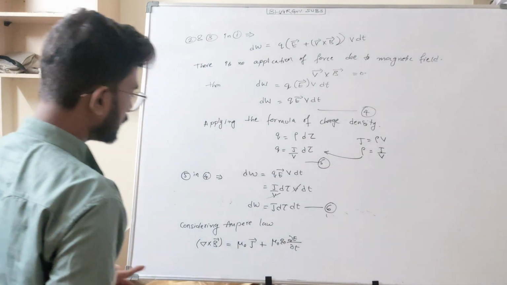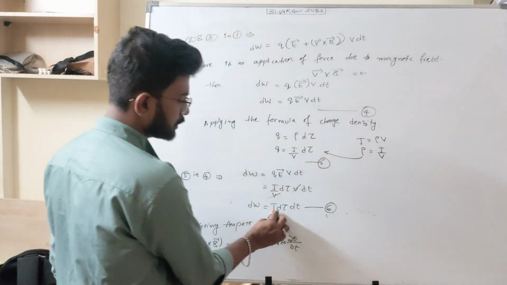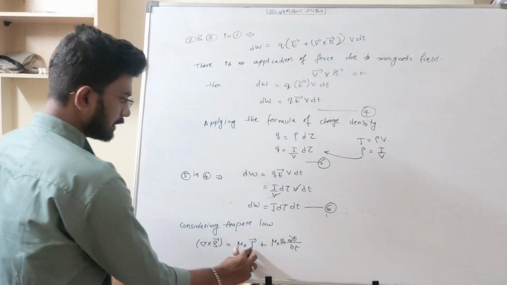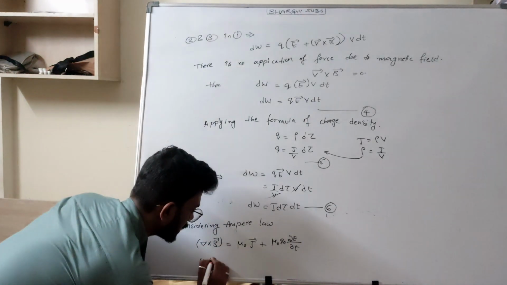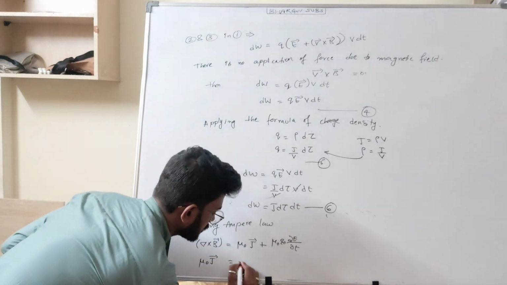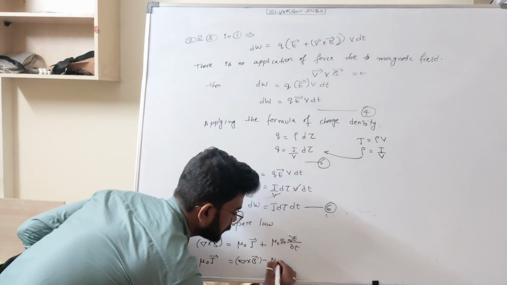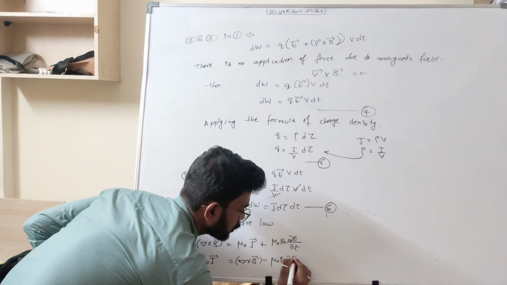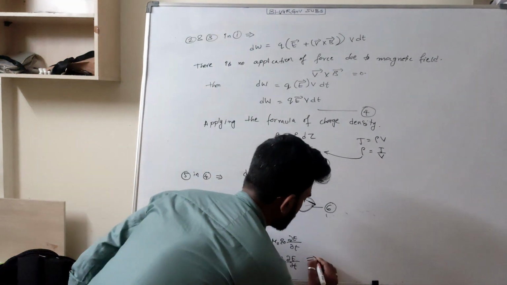So now what I am doing? I want J because I have to substitute here J. So I want to find this J value. So mu naught J is equal to del cross B minus mu naught epsilon naught dE by dt.